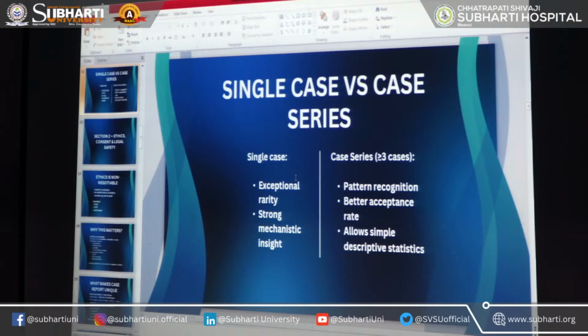So that is a single case, which is an exceptional rarity. Now, case series: more than 3 cases of the same. In a case series, we have to recognize the pattern, there is a better acceptance rate, and we allow simple descriptive stats about the cases we are reporting.